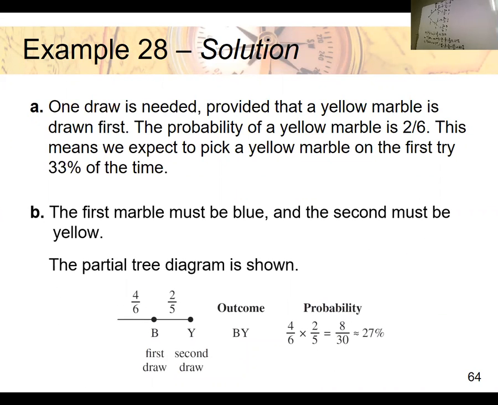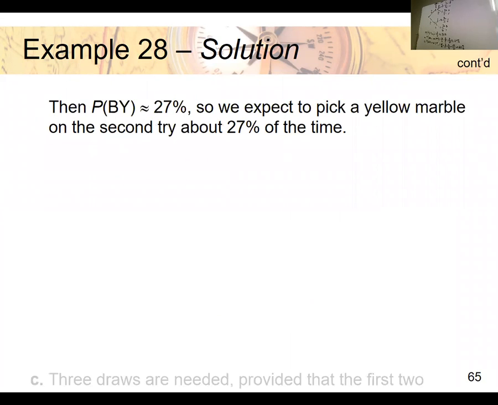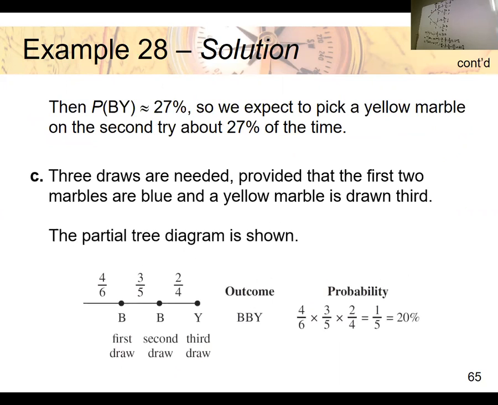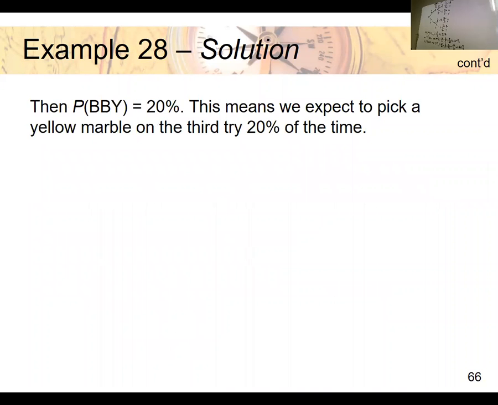Now here they use a partial tree diagram for this one. 4/6 for the blue, and then the yellow would be 2/5 to get that 27%. And then here we need 3 draws. The first has to be blue, the second one has to be blue, and then the third one has to be yellow. So that's where the 20% comes from.